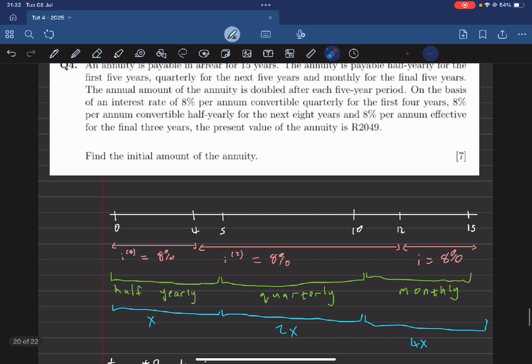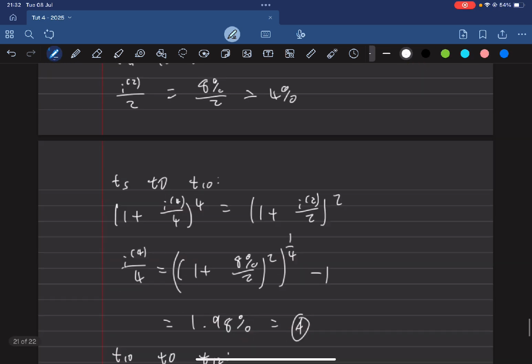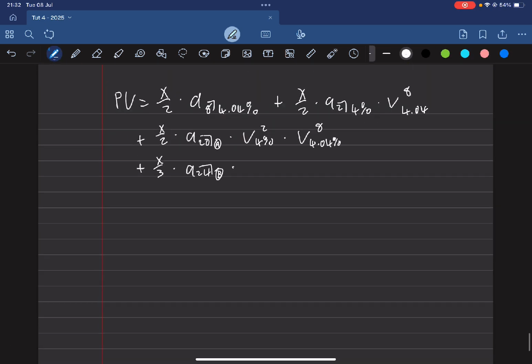Because that present value is to here, we need to jump it back there, there, there. So we need to do 20 quarters, 2 half years, 4 half years. Okay, so it's going to be times V at A, because A was our quarterly rate, to the power of 20, times V at our 4% rate, to the power of 2, so that jumps it back that year, times V at 4.04% to the power of 8.